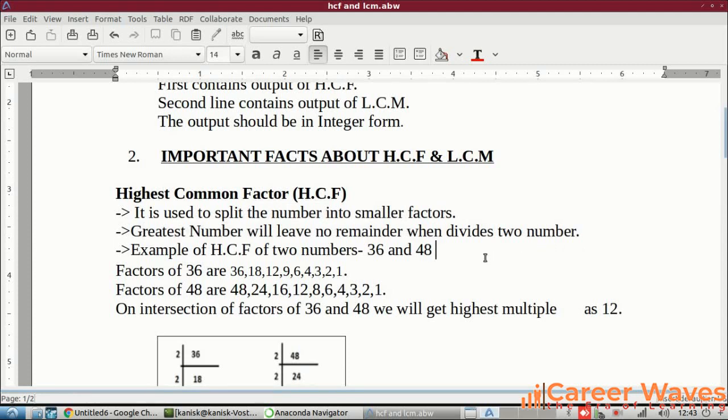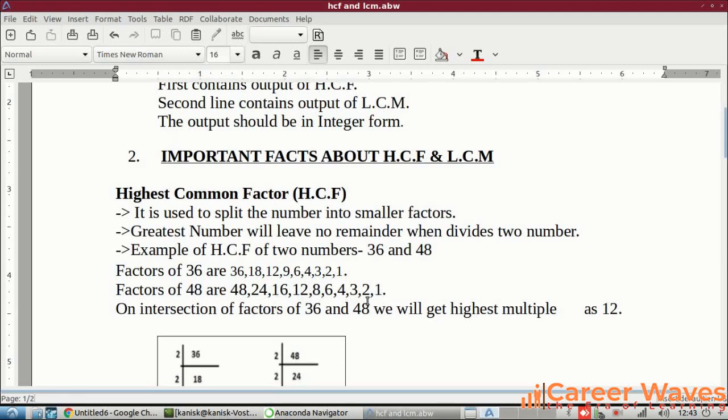Let's take one example of HCF, and here it has given two numbers, 36 and 48. So the factors of 36 are 36, 18, 12 up to 1. Similarly, factors of 48 are 48, 24, 16, 12, and it keeps on decreasing up to 1. So what we will do is take the intersection of factors of 36 and 48.